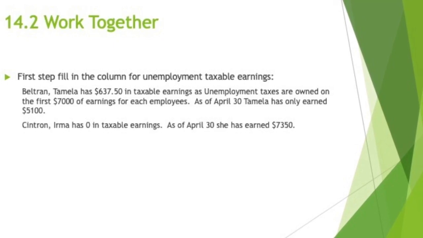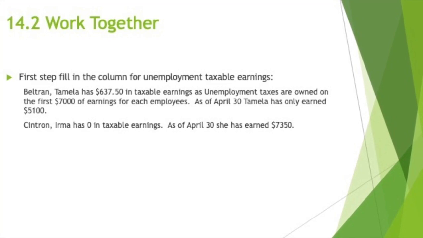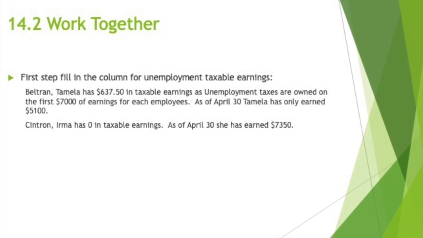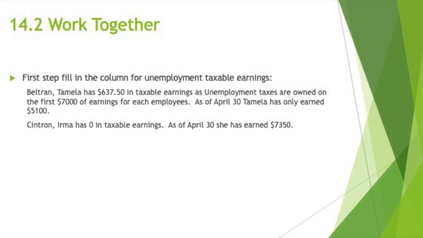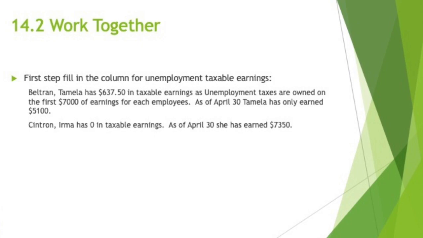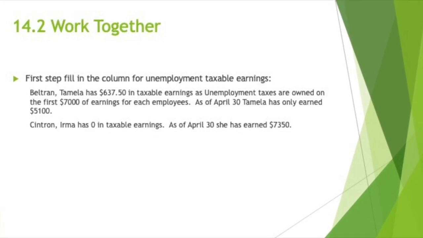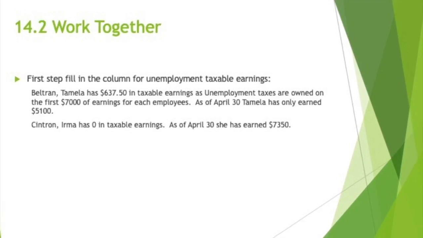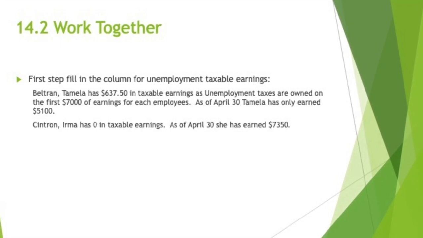So you'll go to the Work Together, and it looks like you have Beltran and Cintron. You need to figure out the unemployment taxable earnings. For Tamala Beltran, her accumulated earnings as of April 30th is $5,100. So she does have eligible taxable earnings because she hasn't hit that $7,000.